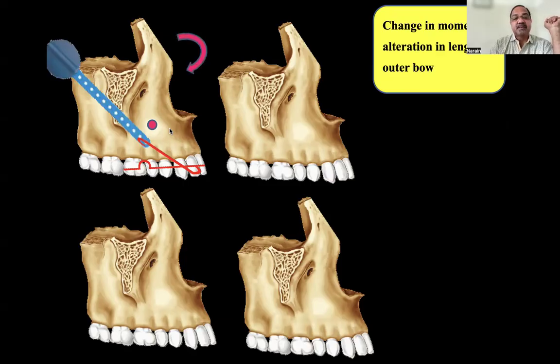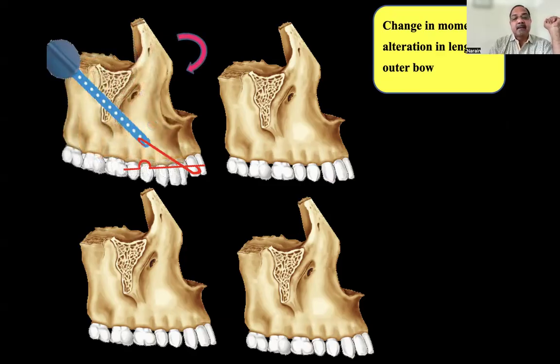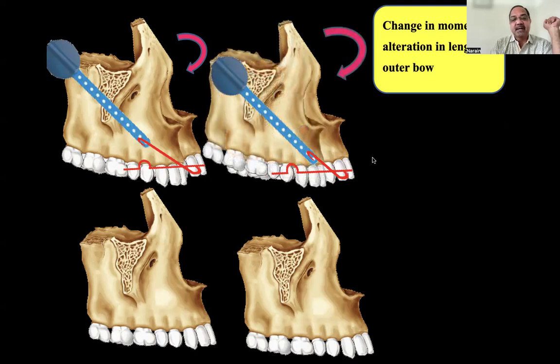There is a clockwise movement, okay, because the forces are traveling below the center of resistance. Now, if you look at this picture, you can see that I have reduced the length of the outer bow. That means the distance to the center of resistance is still increasing. So what do you expect? You will have a larger moment. So you have a larger arrow there.